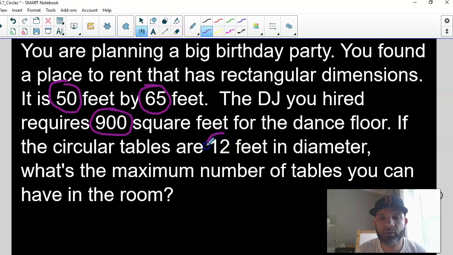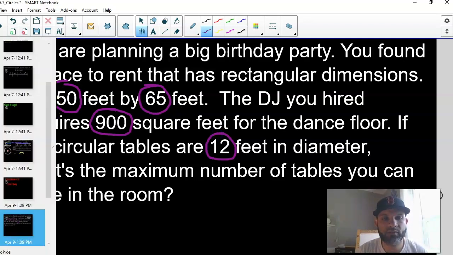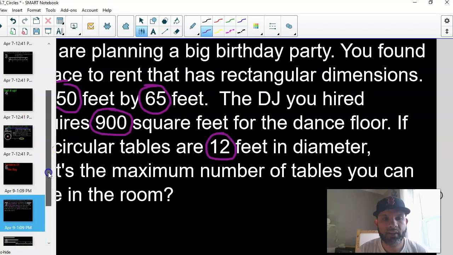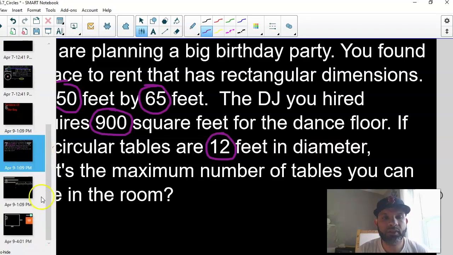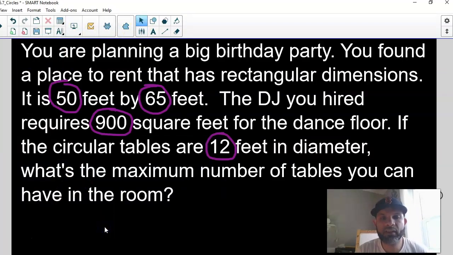We know that the table has a diameter of 12. Okay, and what I want to do is use this information to fill out a DRAC chart and solve it, right? But we know that those are our numbers.